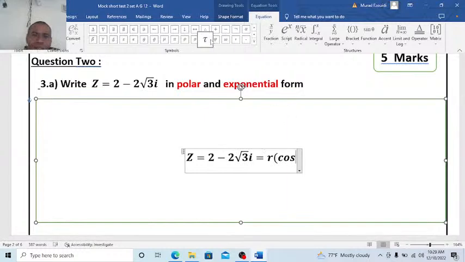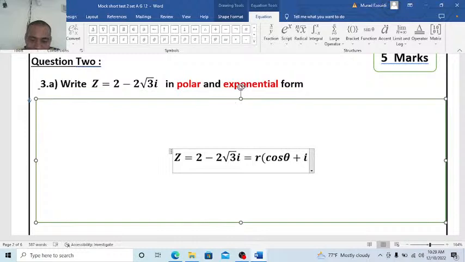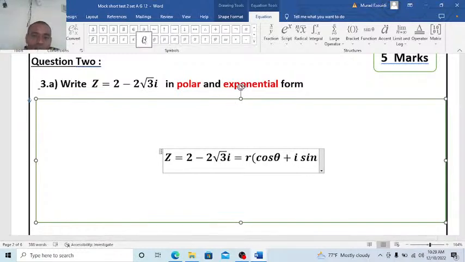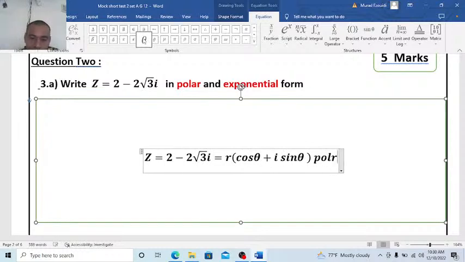Whatever the angle, you are now able to find this theta, which is equal to the argument of z, plus i sine of the angle theta. Then I should close my parentheses. This is called what? Polar form. This is polar form.